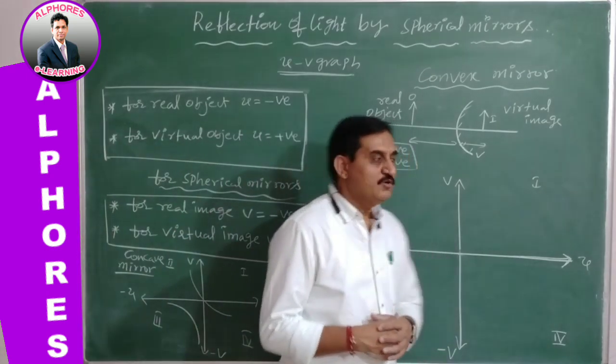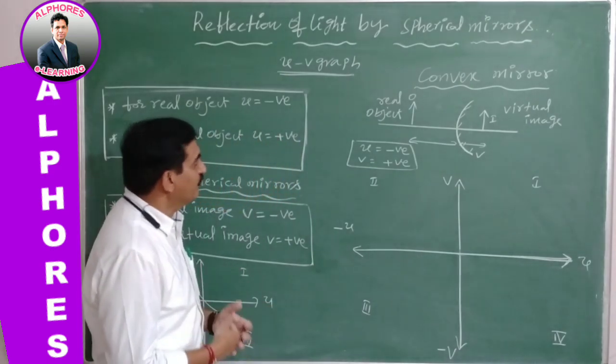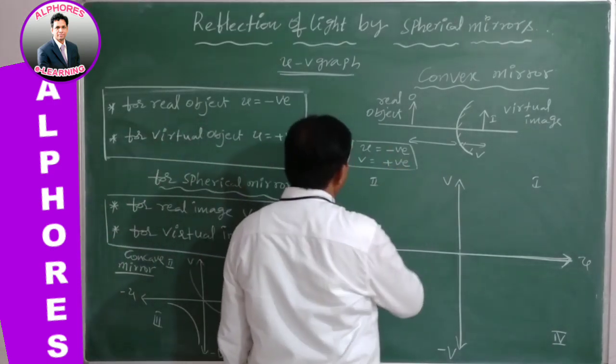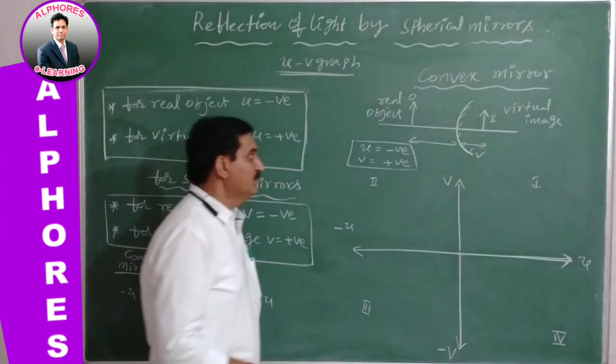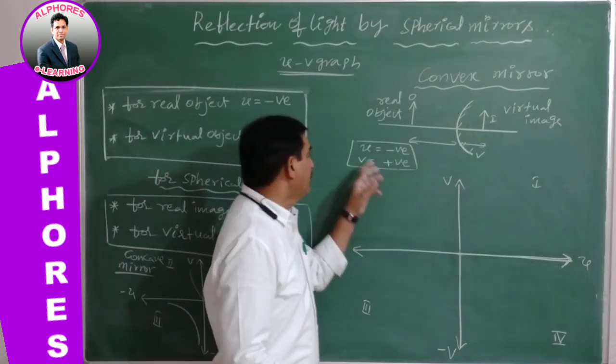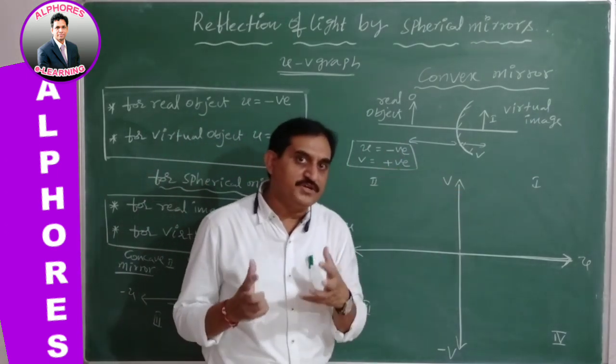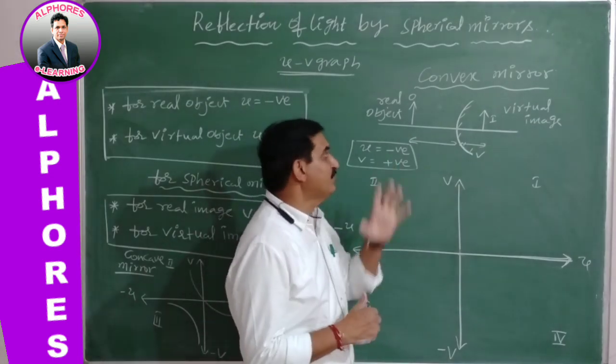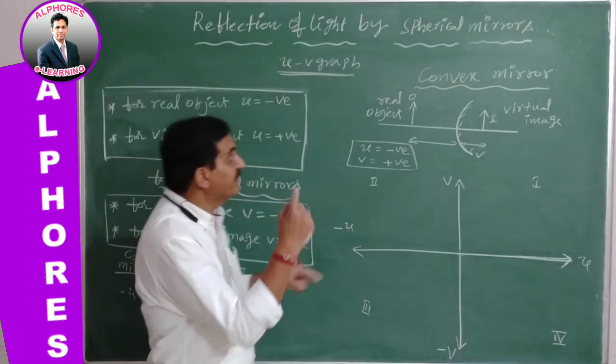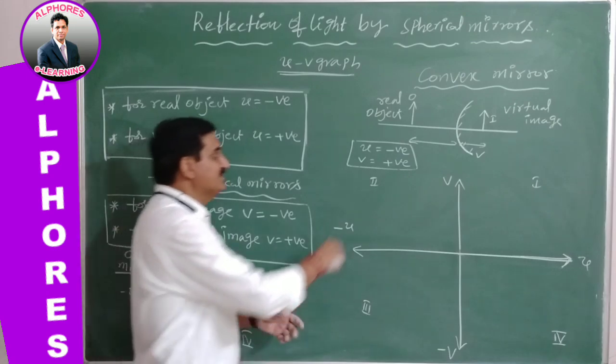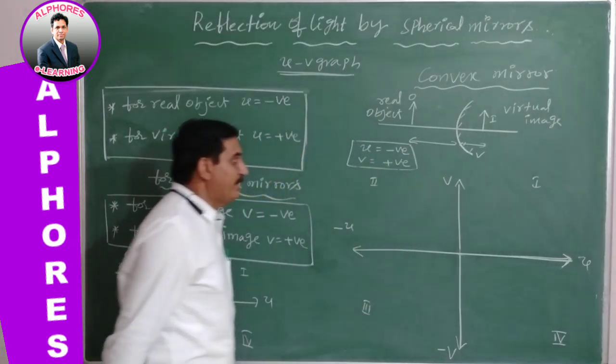Therefore, U is negative and V is positive. So the image is virtual, the object is real. We are taking the object real and the corresponding image formed is always a virtual image for a real object. Therefore, U is negative, V is positive.